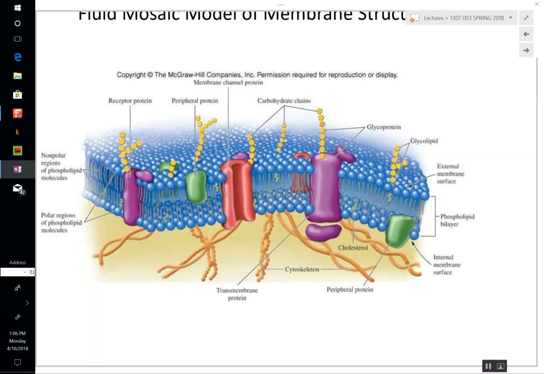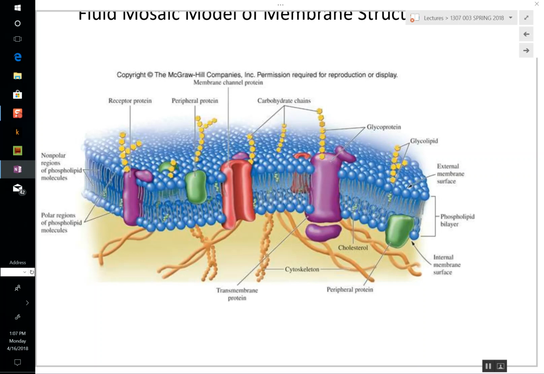And what do you have right there? You've got a nonpolar barrier that doesn't let water or polar molecules pass through. These things, which are lipids, can kind of slice through this thing pretty easily and come through. Other things, like glucose, which is polar, have to be transported in and out of the cell.